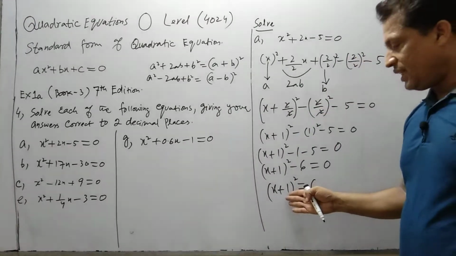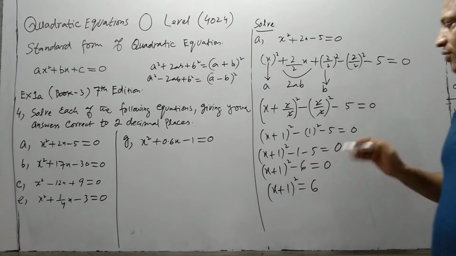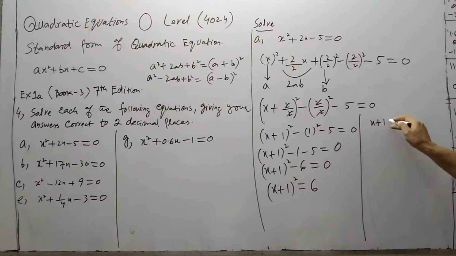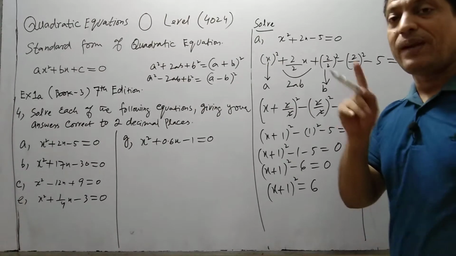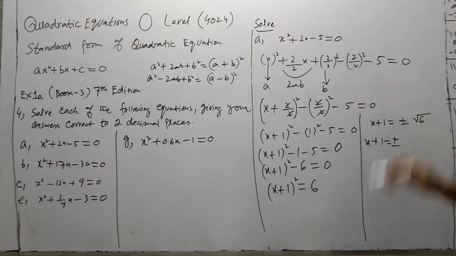We have done a lot of parts of this type. What do we have to do? Take the square root on both sides. x plus 1 is equal to, whenever you take a square root, you must put the plus minus sign. So x plus 1 is equal to plus minus.